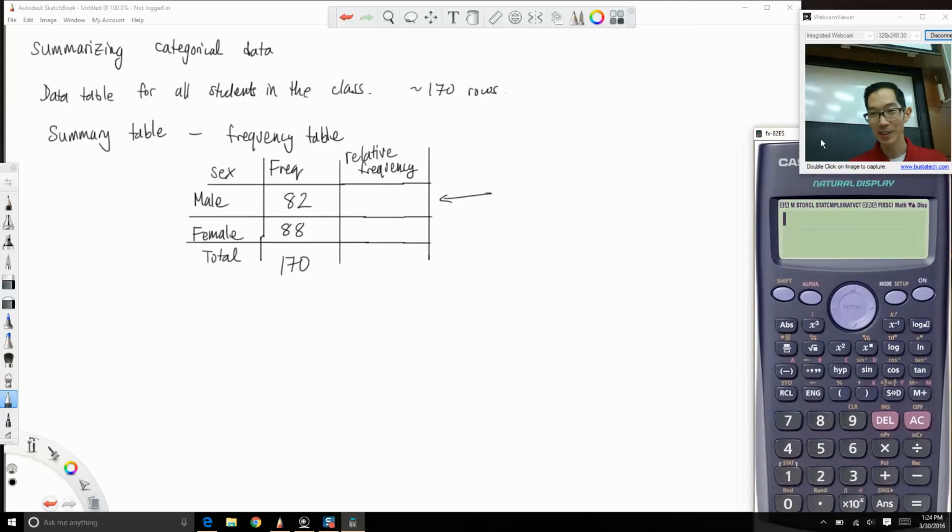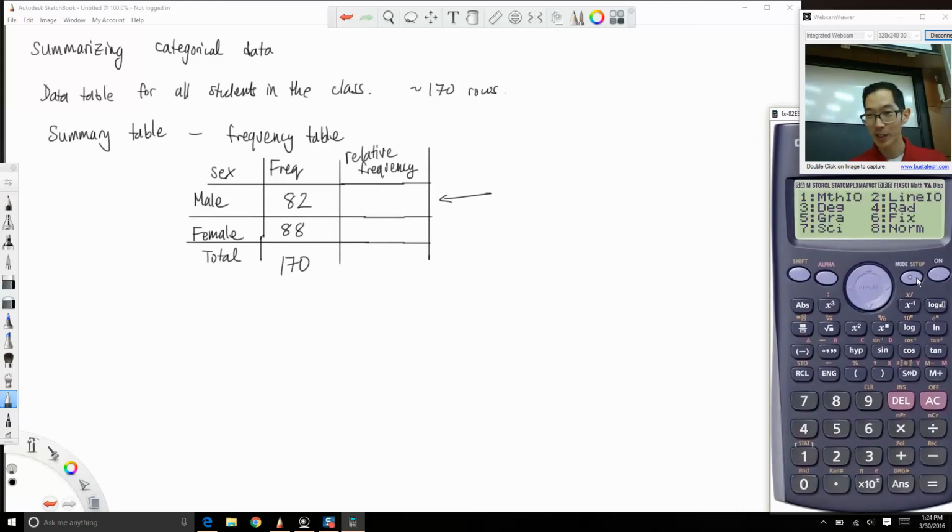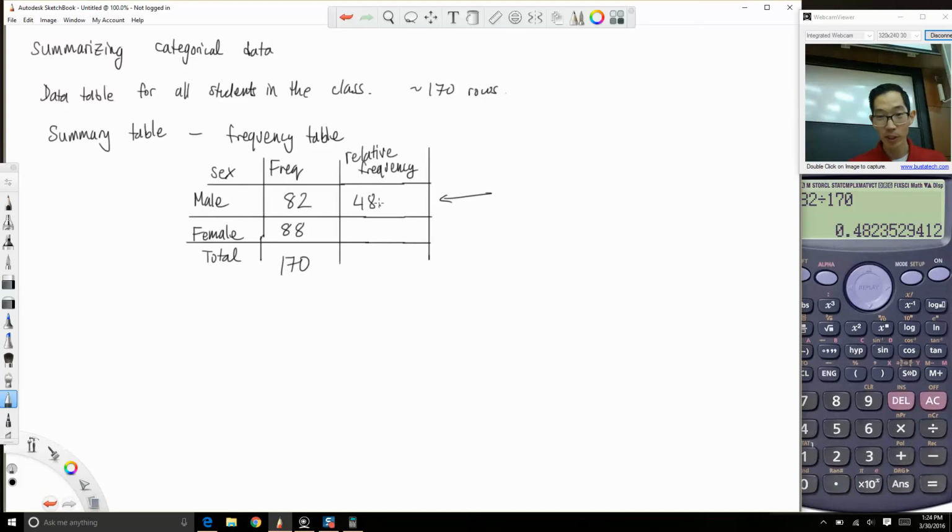This was not a trick question. I would do 82 divided by 170. Thank you very much, calculator. 82 divided by 170 would be 0.4824, so we would say this is 48.24%.